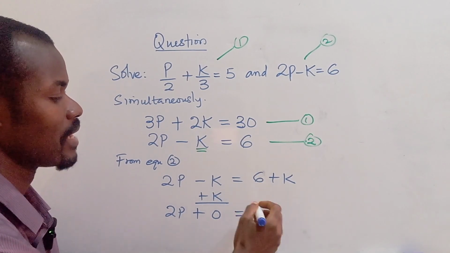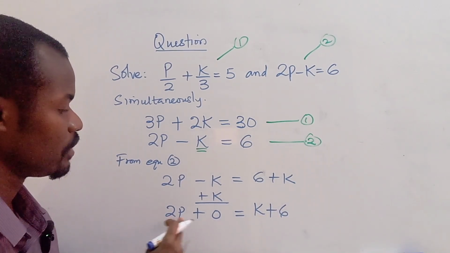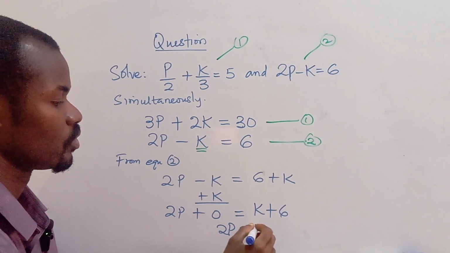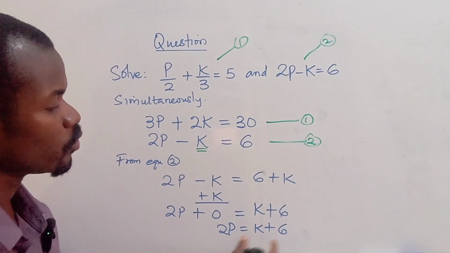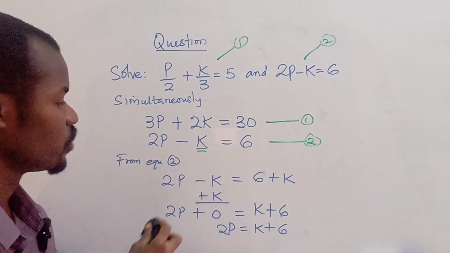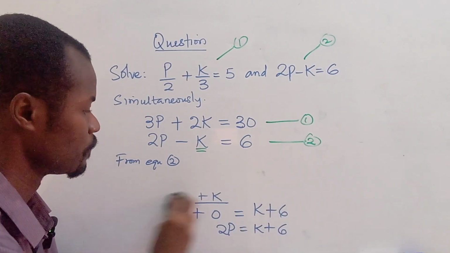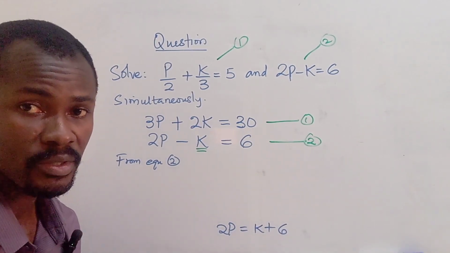So since I have 2P minus K equals 6, for me to remove K, I'm going to add K here and also add K here. So 2P minus K plus K gives us 0, which equals K plus 6. So 2P plus 0 is still 2P, which equals K plus 6. Now, how do we make K the subject there? We simply remove 6 from both sides.